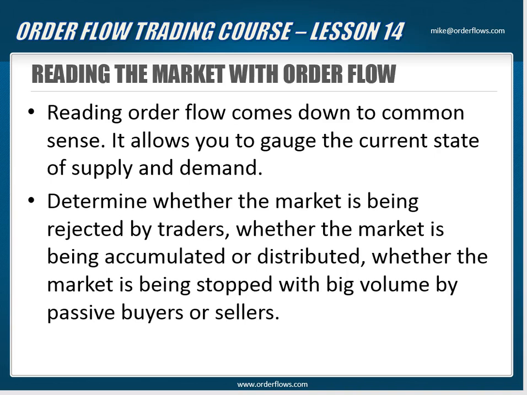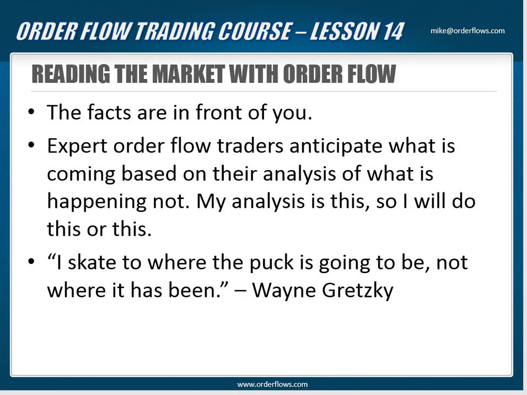If you get to a level and you see heavy volume on one side or the other, it's telling you there are passive buyers or passive sellers. All those things, once you see them enough, you can just tell at a glance. You don't need to sit there and analyze every single number. The facts are in front of you.